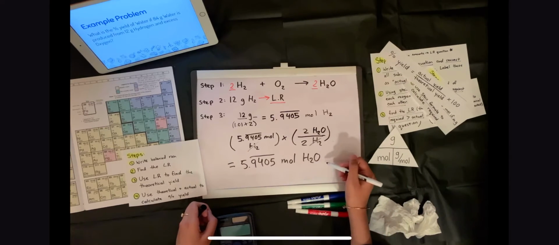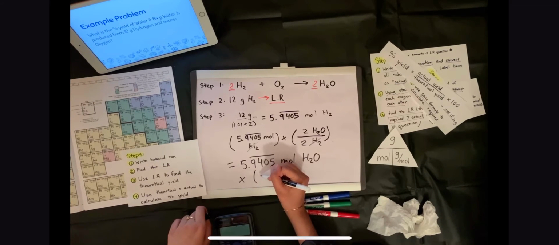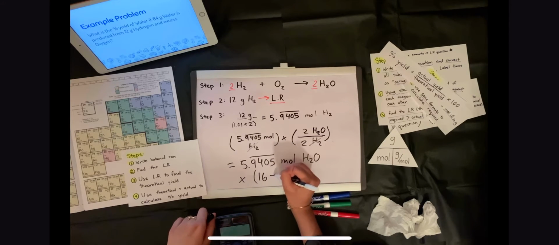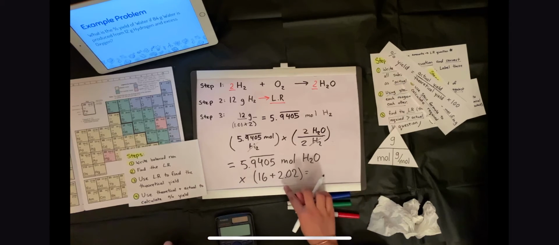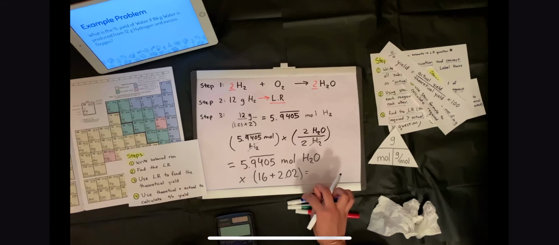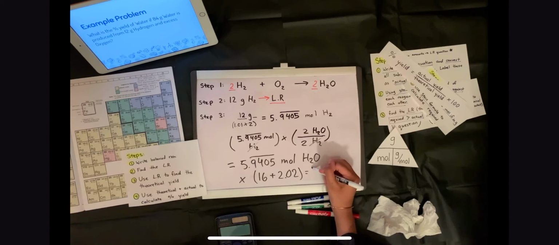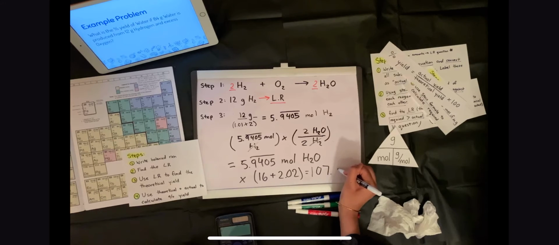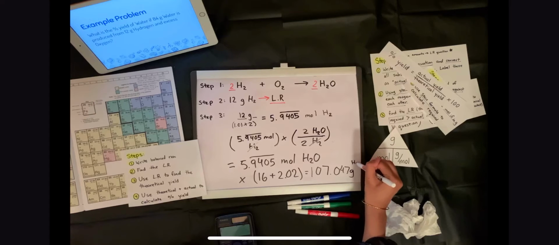So the grams per mole of water is basically 18.02, because 16 plus 2.02. And then if you just add it all up, you should be getting 107.047 grams of H2O.